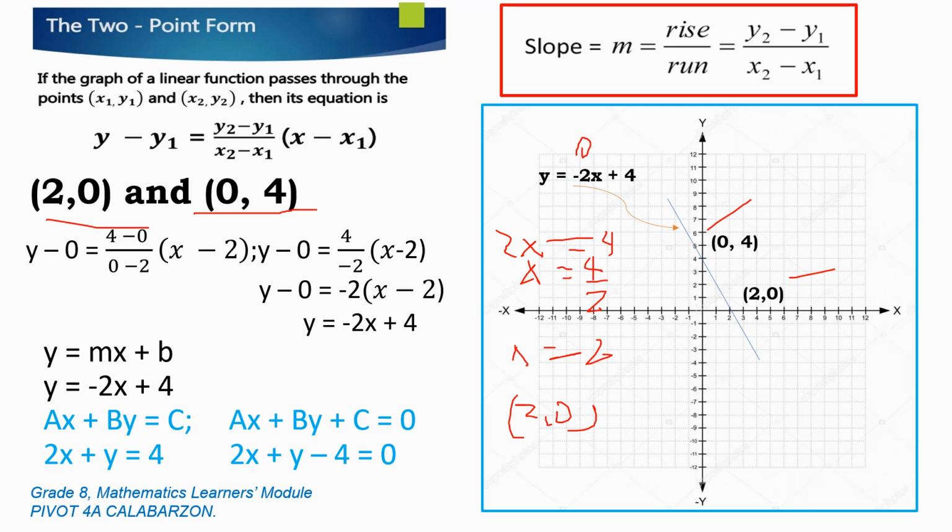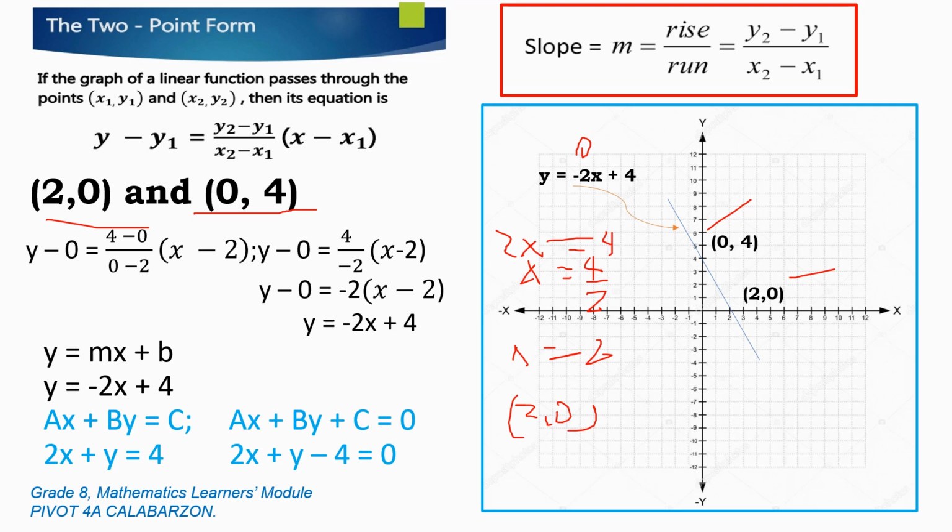So you can see, I substitute the y sub 1 by 0 and then x sub 1 by 2. So simplifying that, I get the equation y minus 0 equals 4 over negative 2 and then ayan.